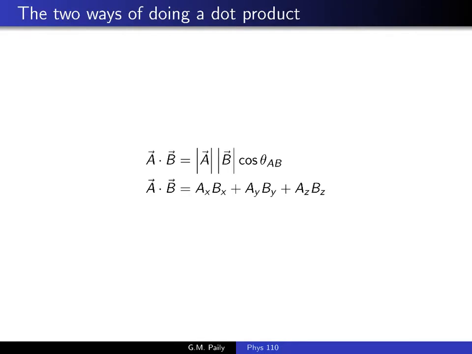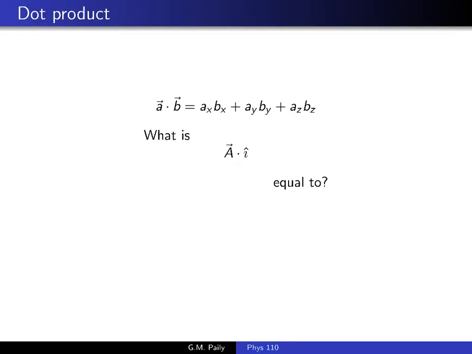Now a reminder, there are two ways to do the dot product. One is by using the magnitudes of the two vectors and the cosine of the angle between them. And the other is if you know the components of the two vectors, using a simple formula of multiplication and addition. Here's a simple question.